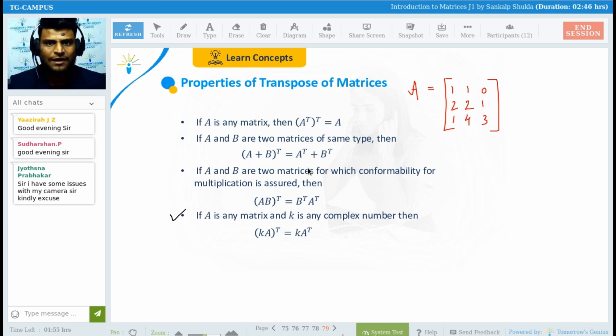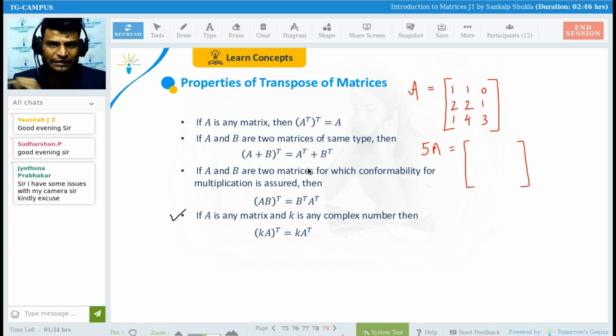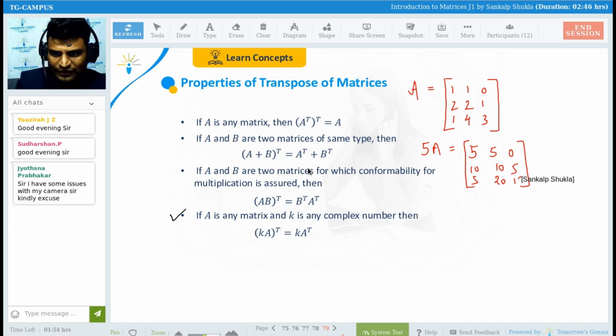Suppose like this. Okay. And if you multiply any number to this matrix, suppose 5A I am going to write. So what will happen is this 5 will be multiplied to each and every element. So this will become 5, this will become 10, this will remain 0, this will become 10, this will become 5, this will again become 5, this will become 20, and this will become 15. Yes? So this is your 5A.